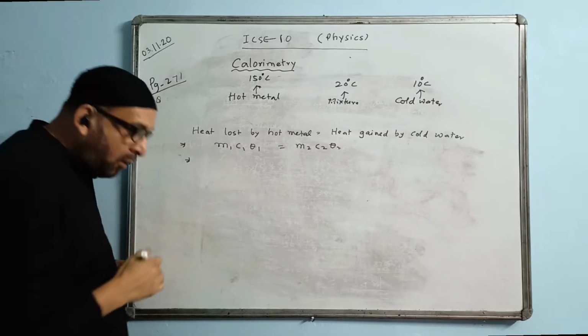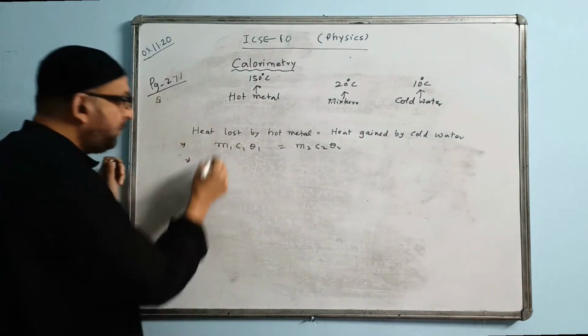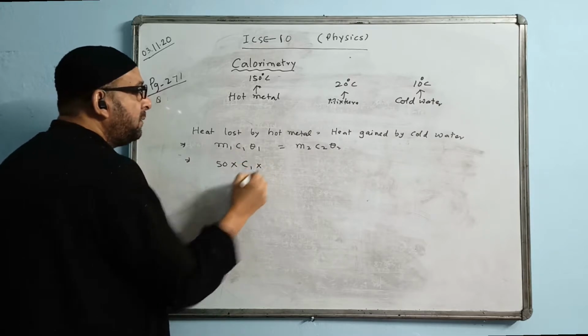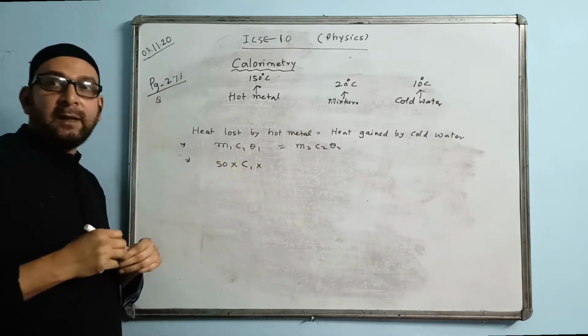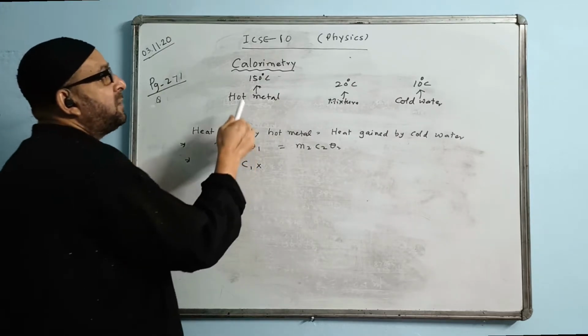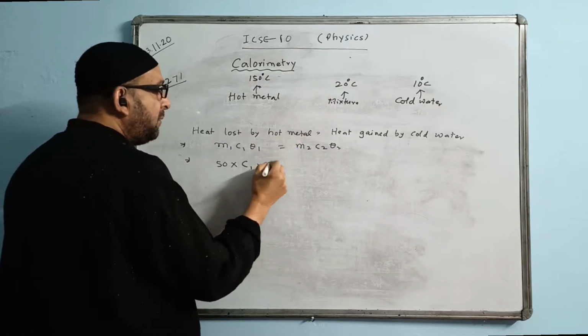What is the mass of the hot metal given in the question? 50 gram. So write 50 here. C1 we have to find, the specific heat capacity of the metal. Theta 1 is the temperature difference for the metal: 150 minus 20.